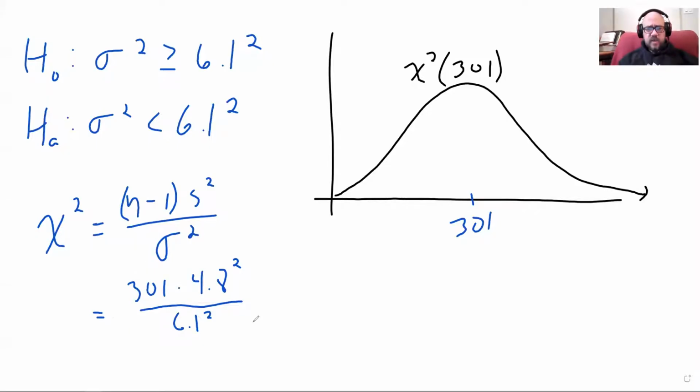So I'm going to find this value and then put that on my distribution and shade to the left because it is less than. So let's go find this value. 301 times 4.8 squared over 6.1 squared. We will just share a spreadsheet here.